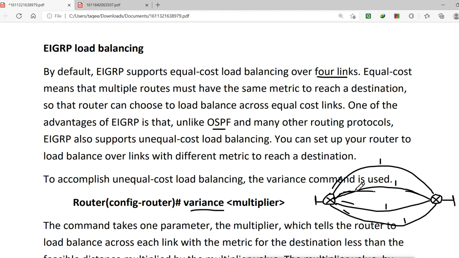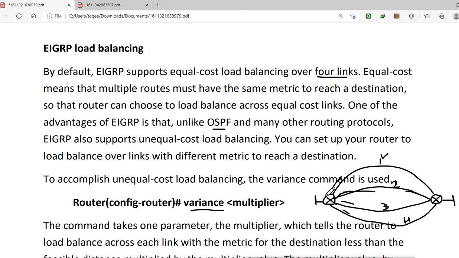But if the paths are not equal, like this one is 1 and this one is 2, this one is 3, this one is 4. Now in this case the best path is this, so it will always use only this path, whether we have OSPF, RIP or EIGRP.